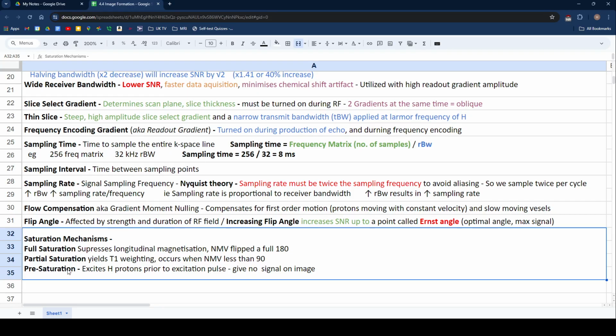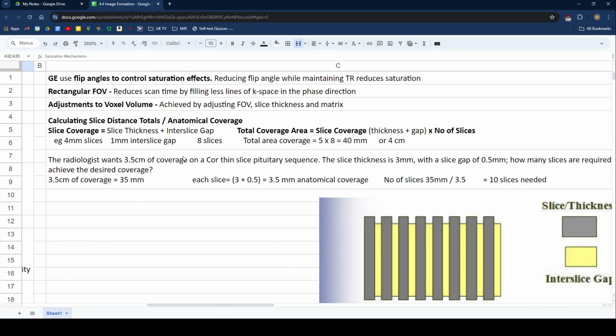Pre-saturation excites the H protons prior to the excitation pulse and gives no signal on the image. In gradient echo, the flip angle is used to control saturation effects. Reducing flip angle while maintaining the TR reduces saturation.